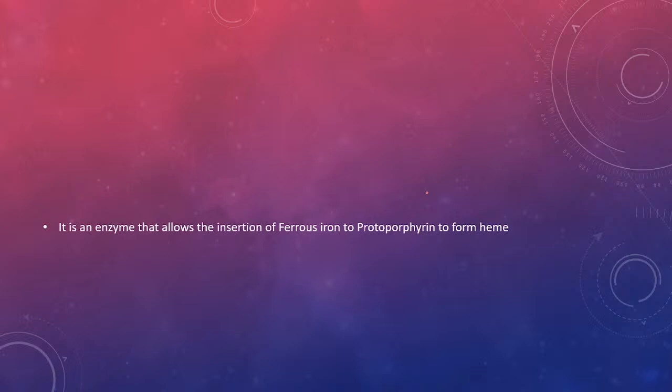Why is it important that we're talking about ferrous iron and ferric iron? Sometimes in the board exam, they're going to check whether or not you understand the difference between ferrous and ferric iron. So ferrous iron is Fe2 plus, ferric iron is Fe3 plus.